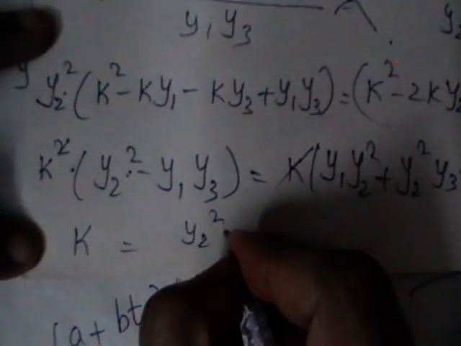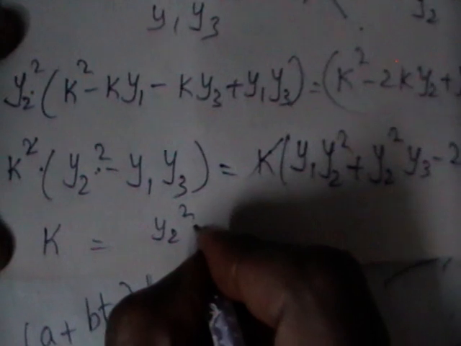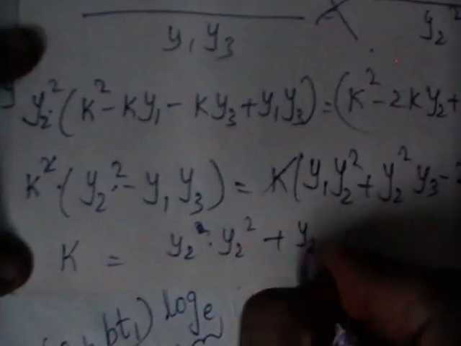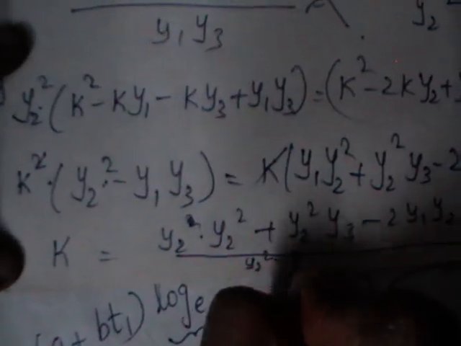You will get k is equal to (y1 y2 square plus y2 square y3 minus 2 y1 y2 y3) by (y2 square minus y1 y3).